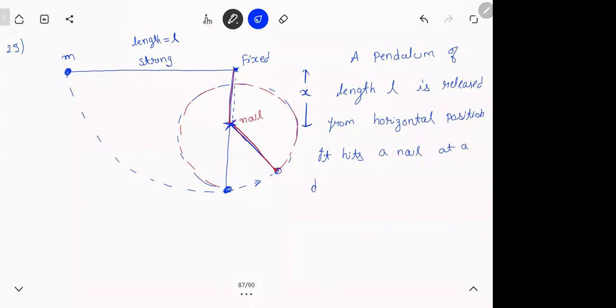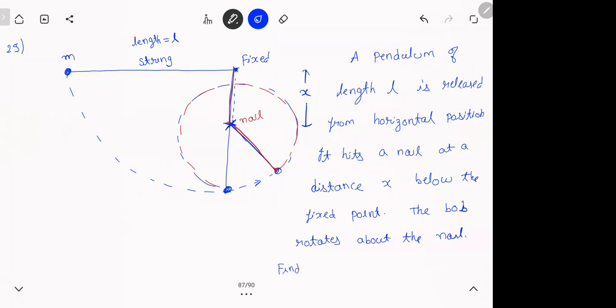At a distance x just below the fixed point, there's a nail. And the bob rotates about the nail. So basically it feels as if the radius of the circle has decreased. So the question is, find x if it completes a vertical circle. Where should I keep the nail so that it completes a vertical circle?